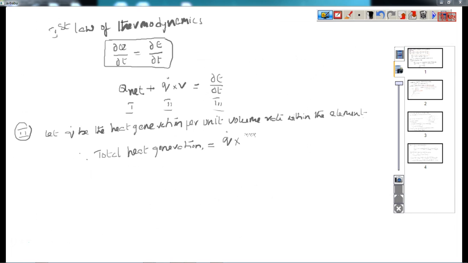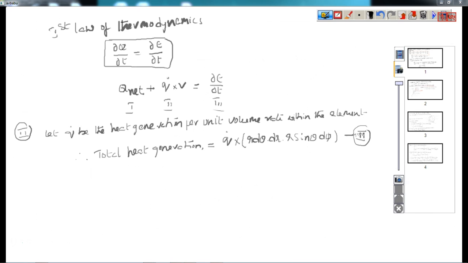The volume is r d theta and dr and r sin theta d phi. Okay, so this is equation number 2.